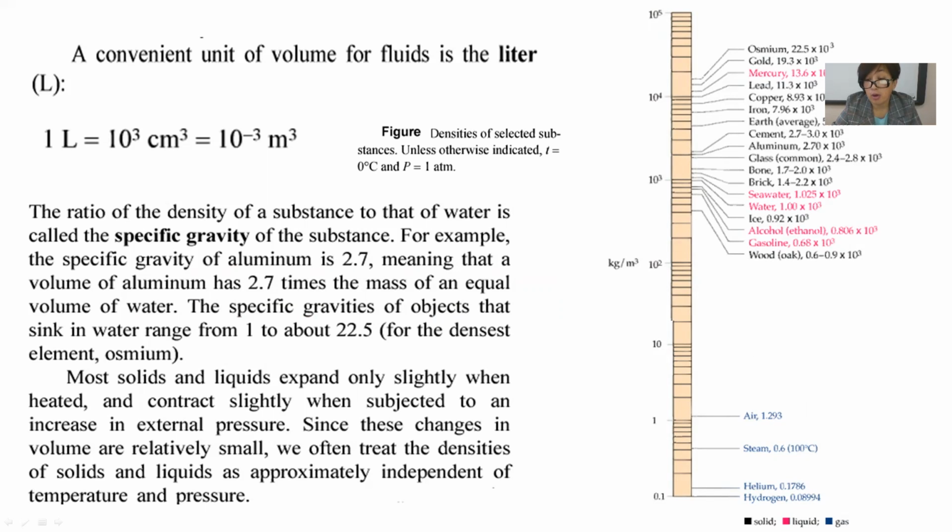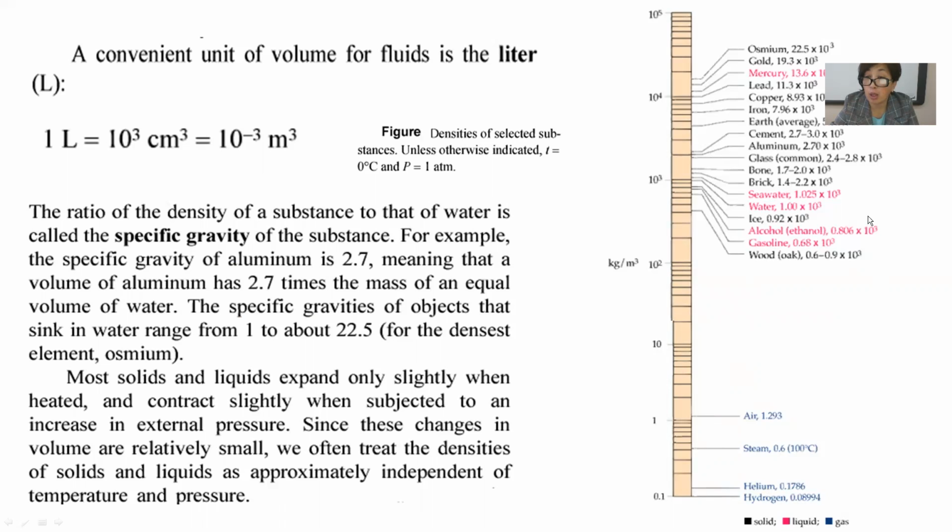For example, solids include osmium, coal, lead, copper, iron, etc. The liquids include mercury, seawater, water, gasoline, and ethanol. The gases include air, steam, helium, and hydrogen. This diagram shows different chemical elements by their density.